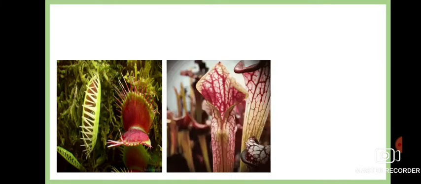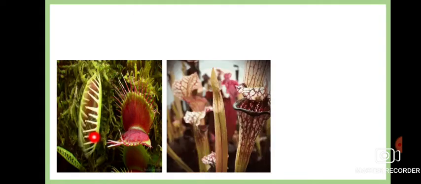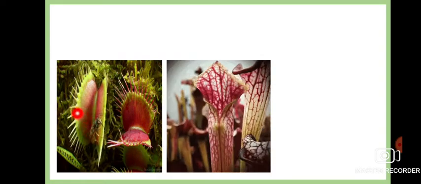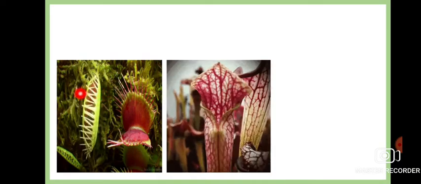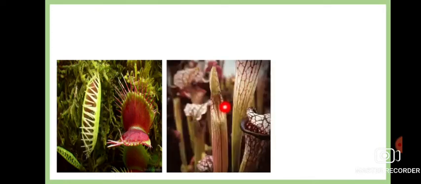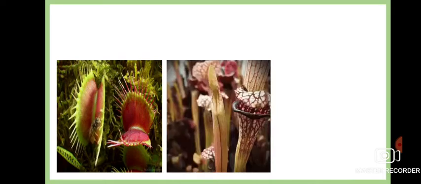Now you can see this is a very interesting type of plant. See, this insect is coming and the plant is closing its door. Here also you can see another type of plant where an insect is coming and it is closing the flap.